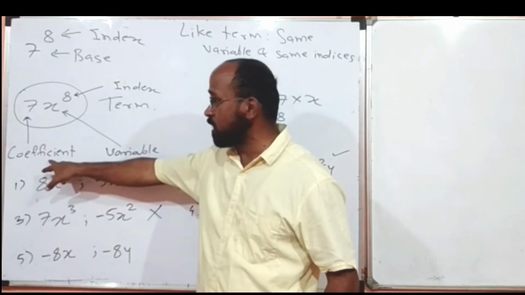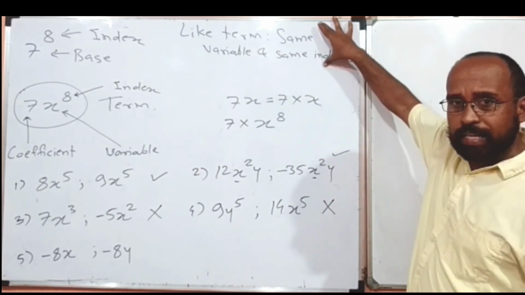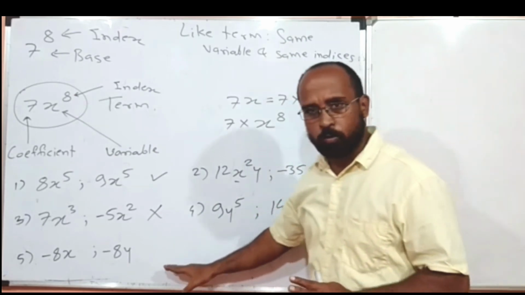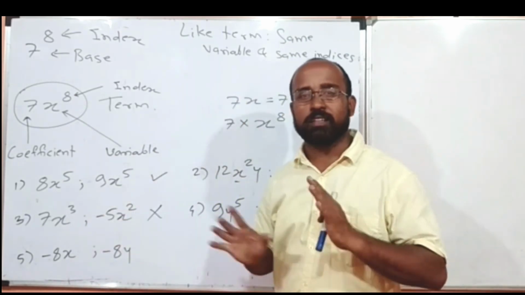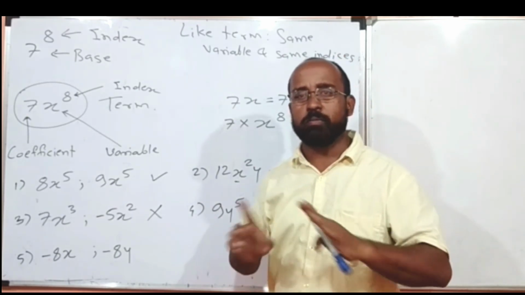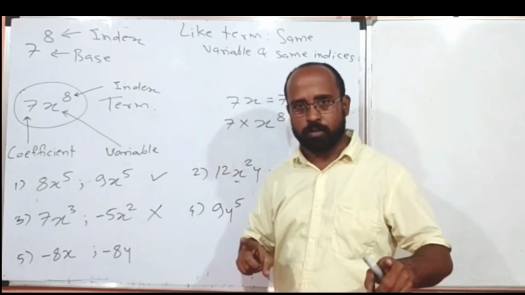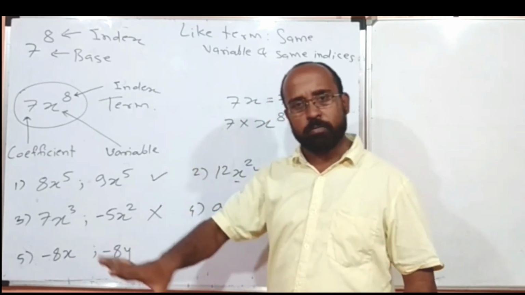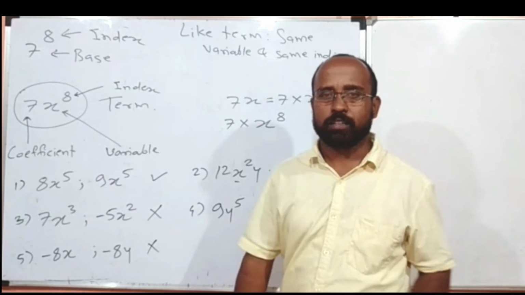This minus 8 is nothing but coefficient. And in the definition of like terms, have we talked anything about coefficient? No. We don't have any business with coefficient. We just have to check variables and indices, are they same or not? Coefficient may be same or may be different. It doesn't matter. So here variables are different. Their coefficient is same, but variables are different. So these two terms are also not like terms.